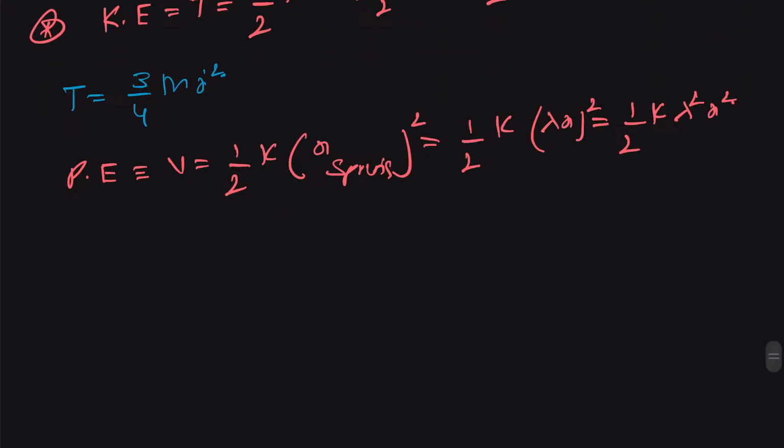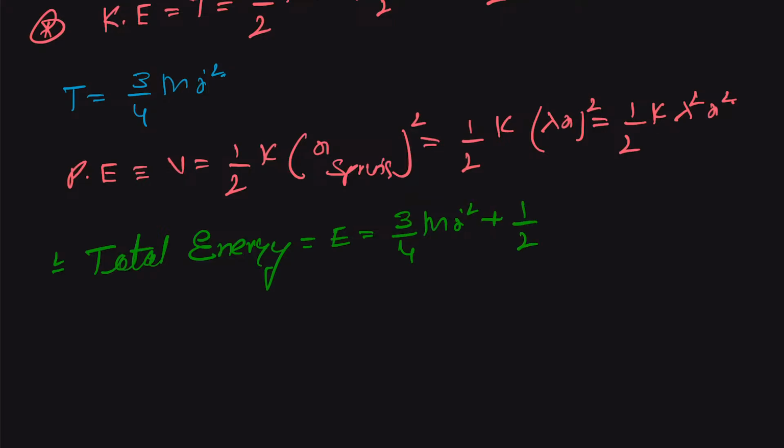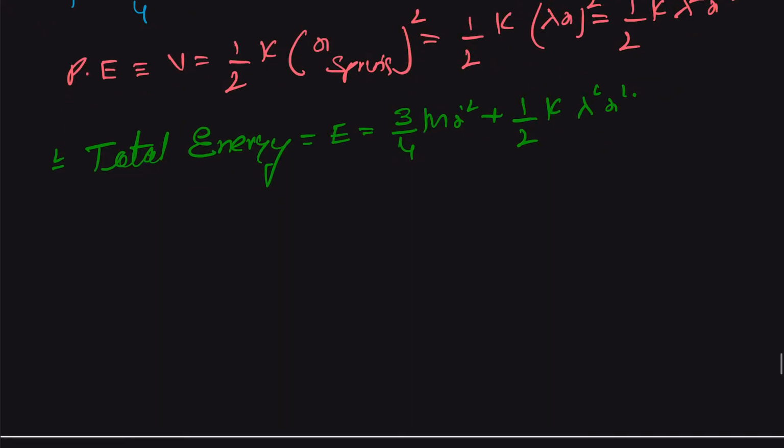So the total energy, E, will be equal to the total kinetic energy plus the potential energy of the spring. And once again, we can make a comparison with the effective mass spring system.